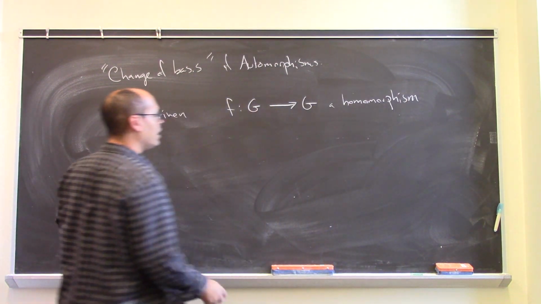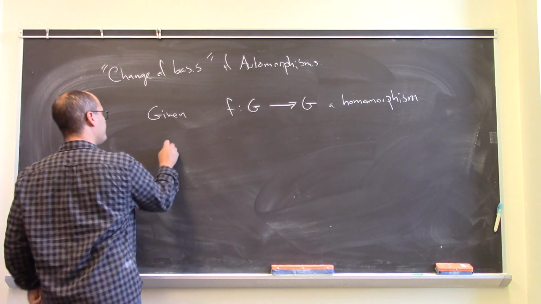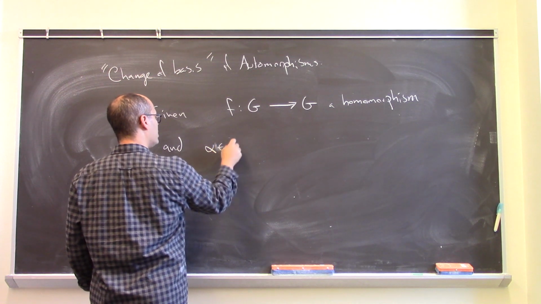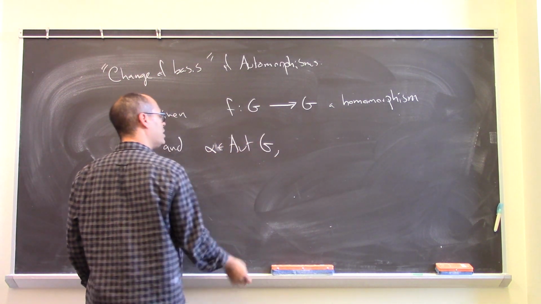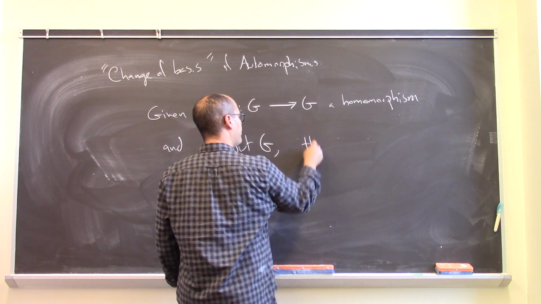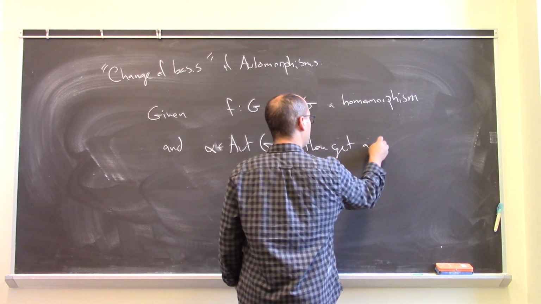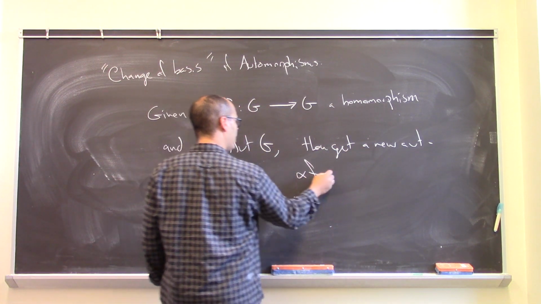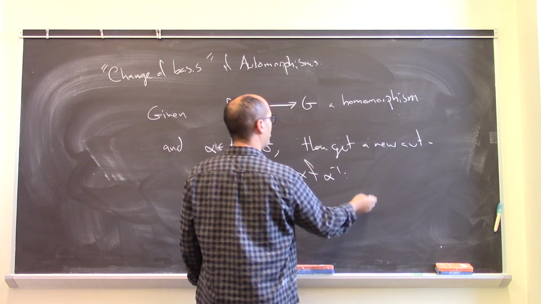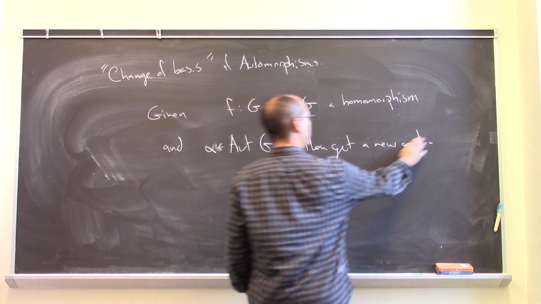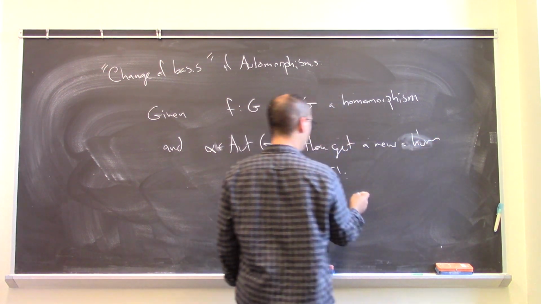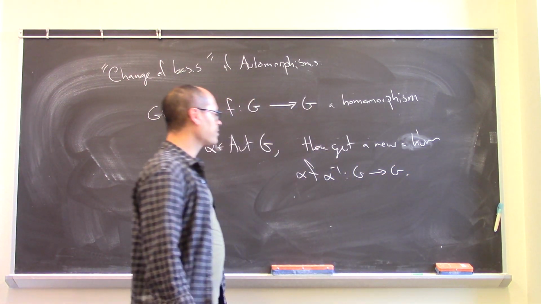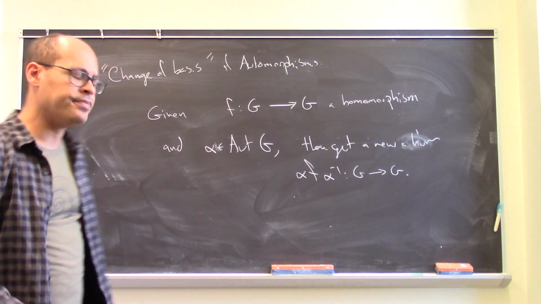If we're given some homomorphism F and alpha an automorphism of G, then we get a new homomorphism, alpha F alpha inverse from G to G, which we think of as the change of basis.